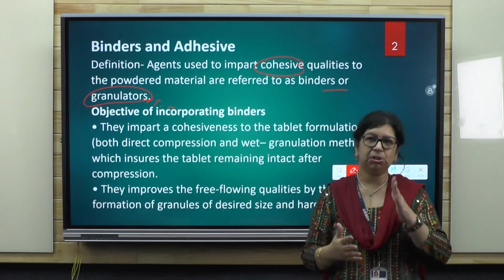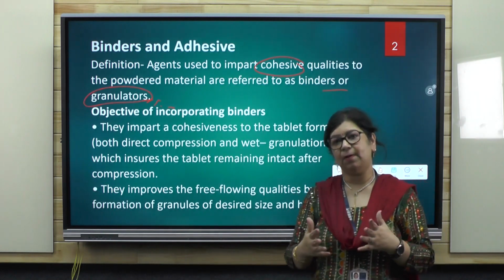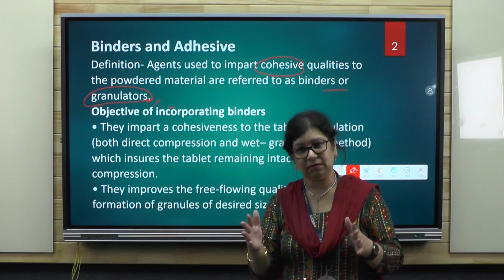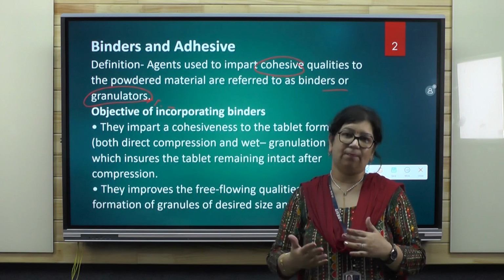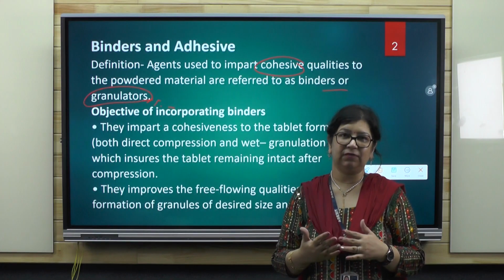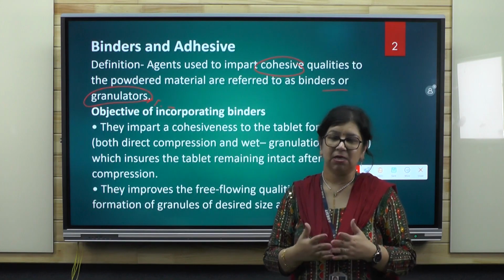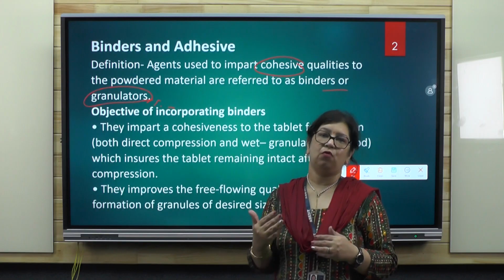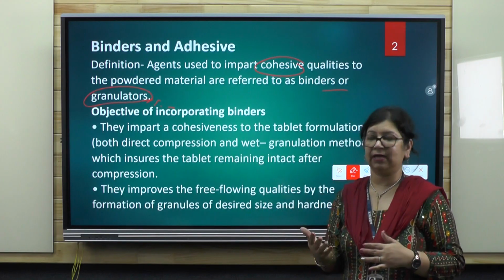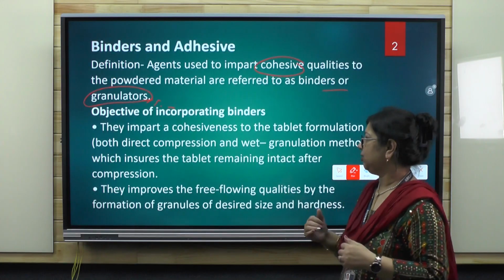Because granulation will make all the drug powder into similar shape and size, which will help in the flow properties of the granules. And if the granules are spherical in nature, they will have minimum contact area, which will help in the flow of granules through the hopper during the tableting compression machine.